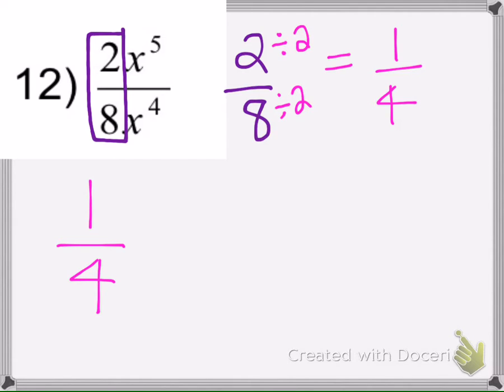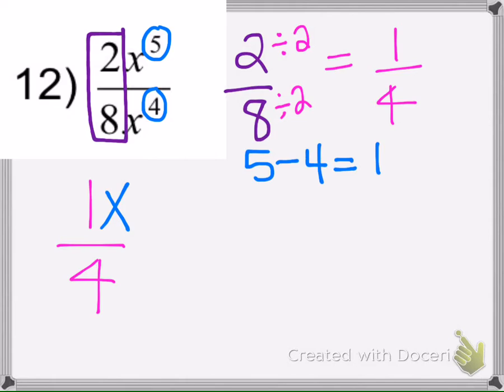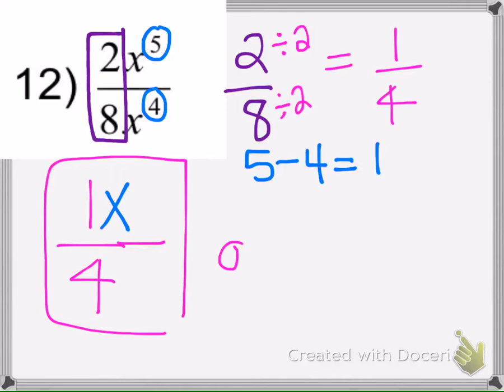And then the rule is to subtract the exponent, so it's always top exponent minus bottom exponent, which is 1. And it's positive. Since it's positive, we know the x will go on the top. So we have this as our answer, or even better, we know that if a variable has a 1 in front of it, we don't need to write it there. So we could just write x over 4.